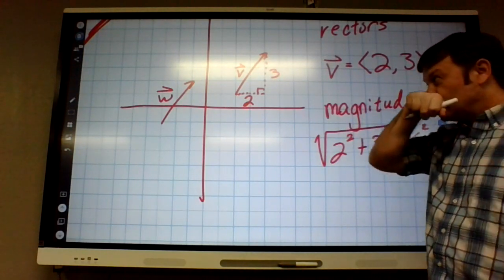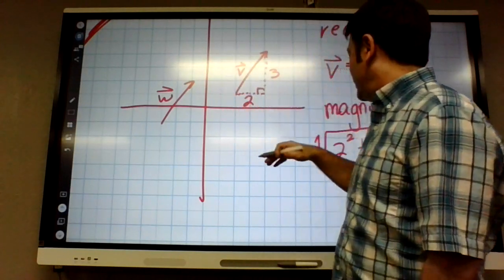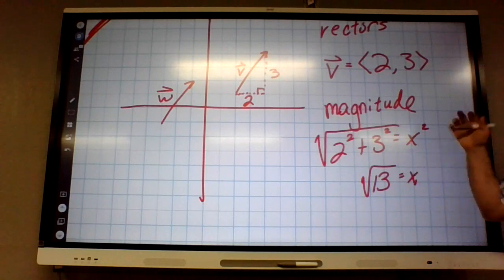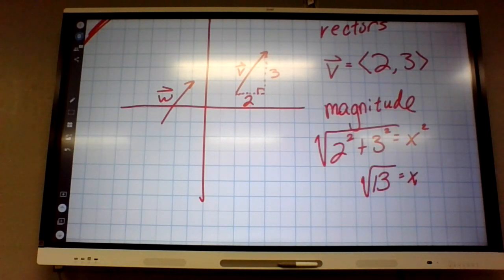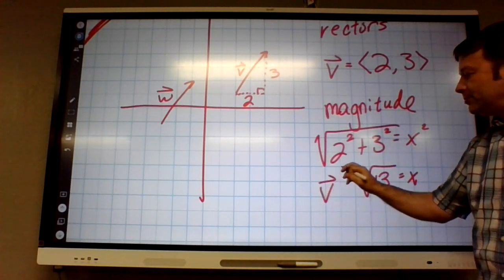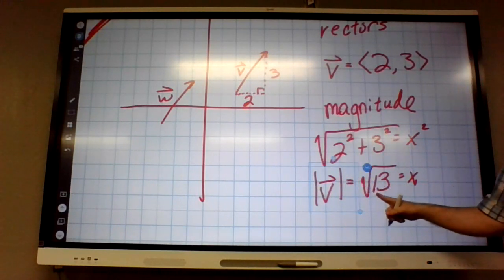So that would be the square root of 13. Sometimes we might put the decimal, sometimes we might put this. Today kind of jumps back and forth. But that's the magnitude of the vector. Sometimes magnitude is indicated with these absolute value symbols. It just means this is how long the vector is.